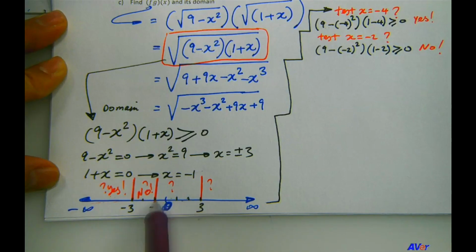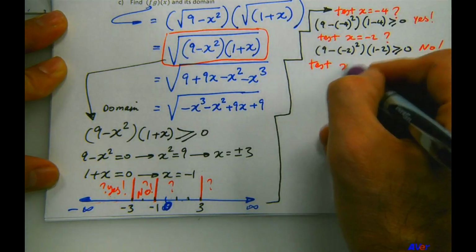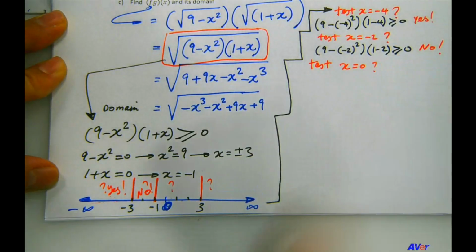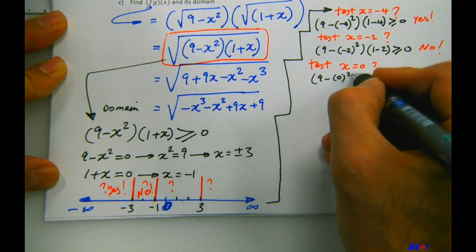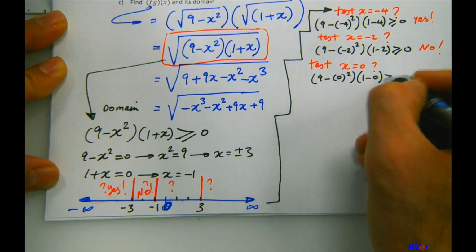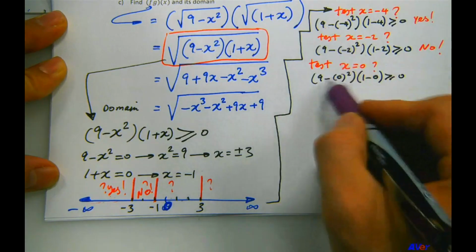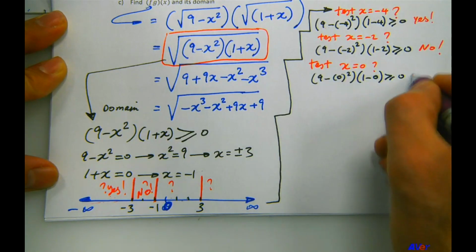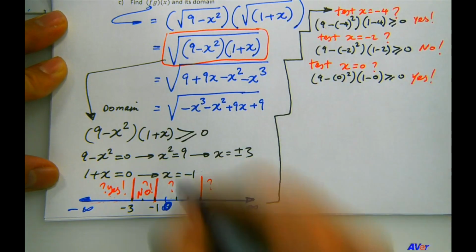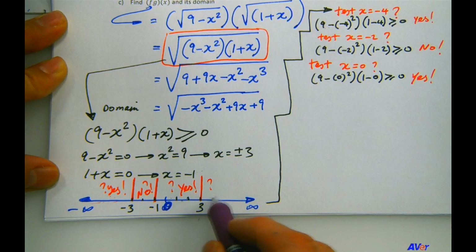In between -1 and 3, we have 0. So test x equals 0. Will that work? So we have 9 minus 0 squared times 1 minus 0. 9 is positive, 1 is positive, 9 times 1 is a positive number. Yes, so this will work. Now let's test some number in this region.